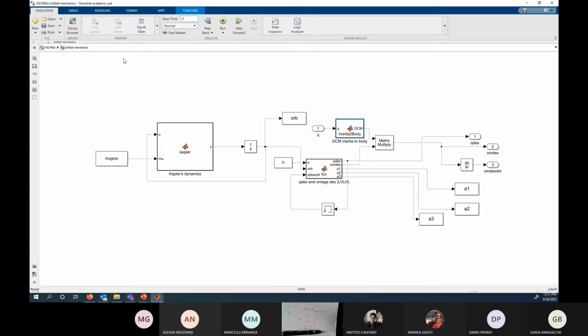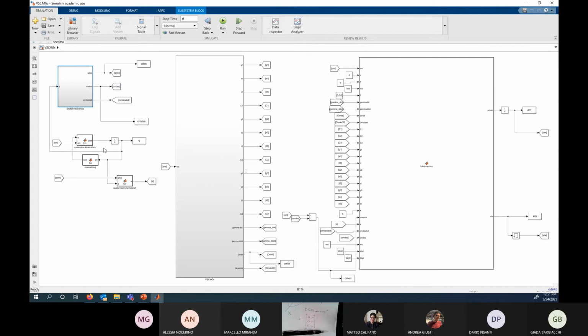So the additional assignment to be performed as soon as possible is this. You have this on video, look at it, and try to start working on it. Of course, for the time being, you don't have everything else in this huge Simulink model, but you have the quaternion simulated somewhere.